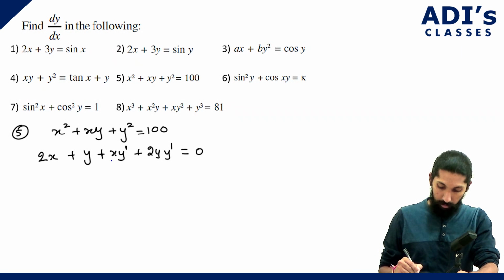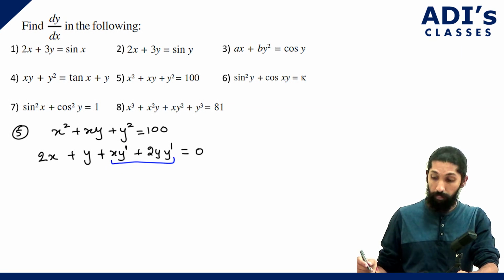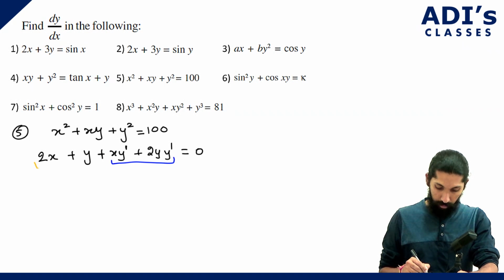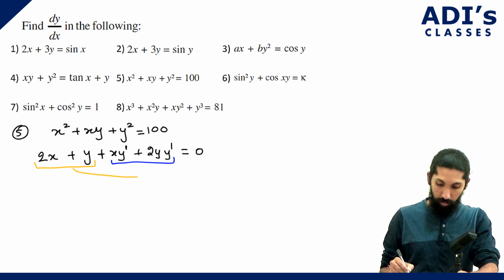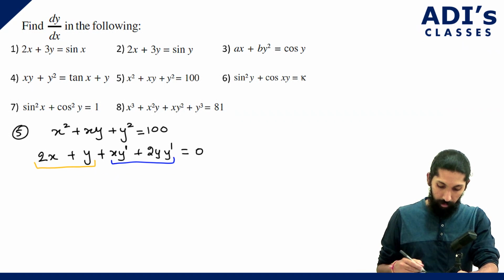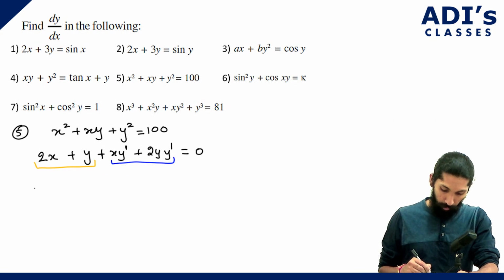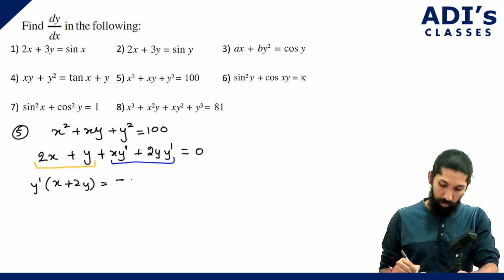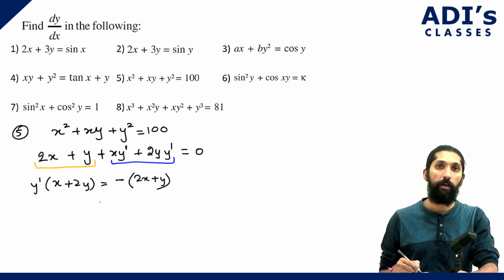Basically group here. Take y dash common. And the other two, you can just put these two on the other side. Correct? So when you do it, you will get y dash into x plus 2y is equal to minus of 2x plus y. Correct?